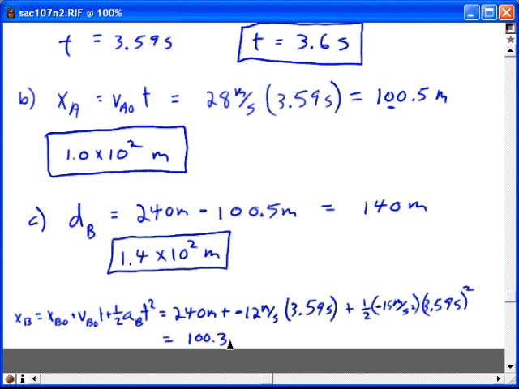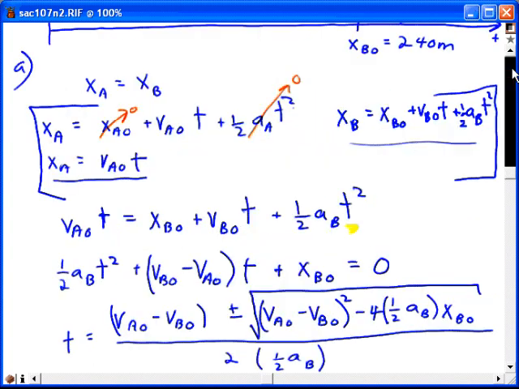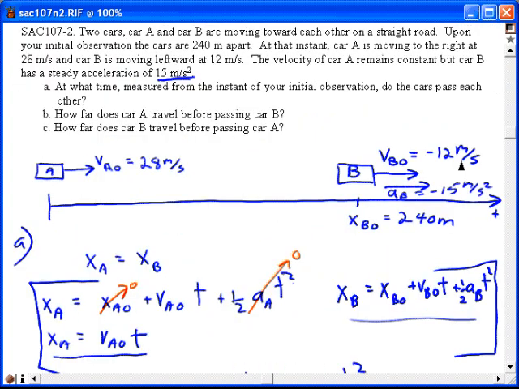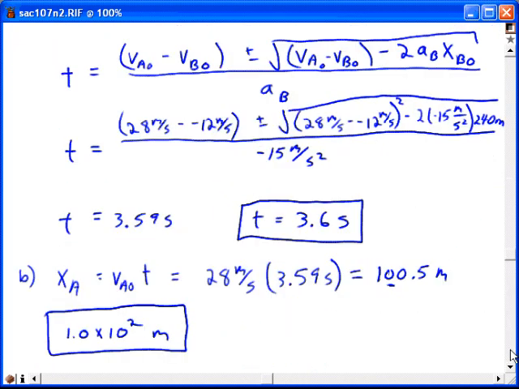That's too many sig figs, but the point is that it does agree with our position of car A at that time, and indeed they are supposed to both be at the same position. So this was just a check down here. But indeed everything does work. And if at the end of that time interval car B is at 100 meters, and at the start it was at 240 meters, then indeed it did travel 140 meters.